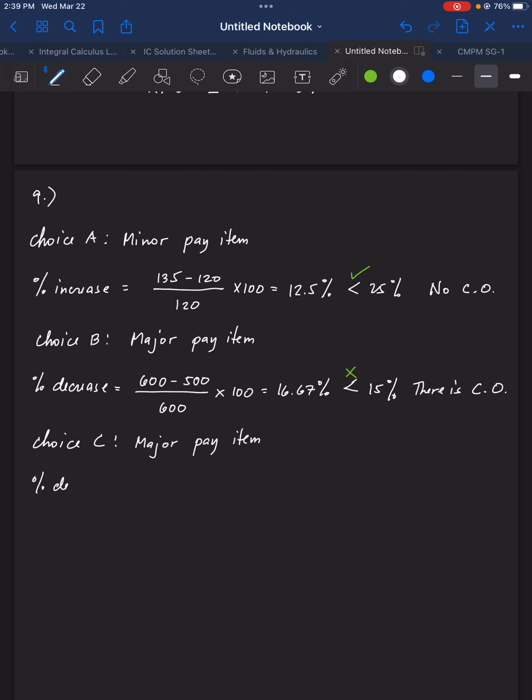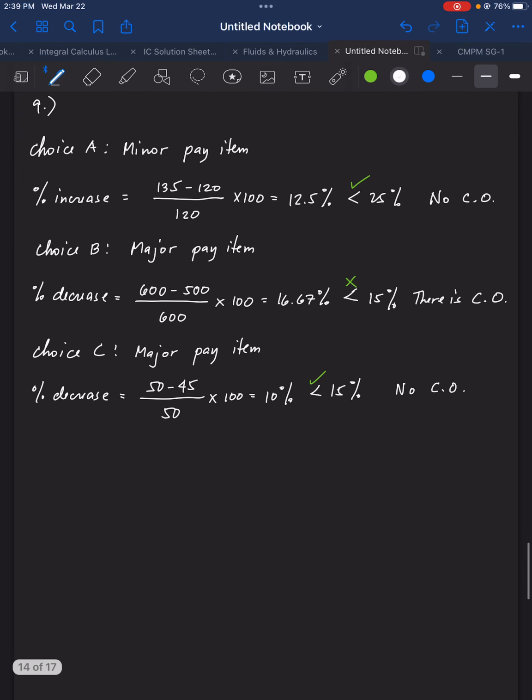Again, that is a percent decrease from 50 to 45, so 5 over 50 times 100, that is 10%. Since this is a major pay item, we will be using 15%. Is 10% less than 15%? Yes. If yes, therefore, no change order. How about choice D?